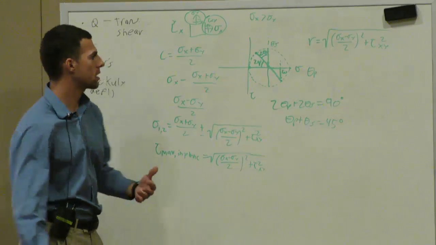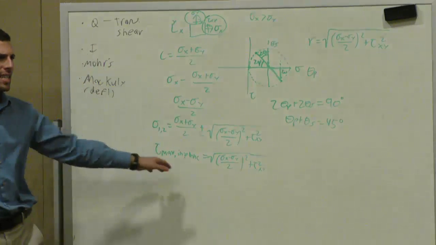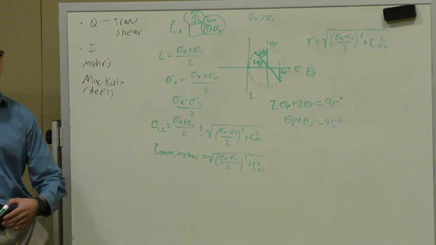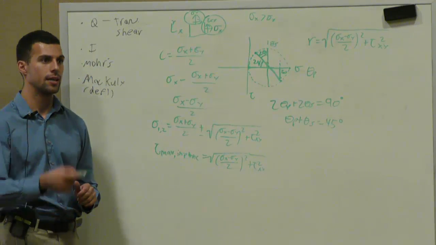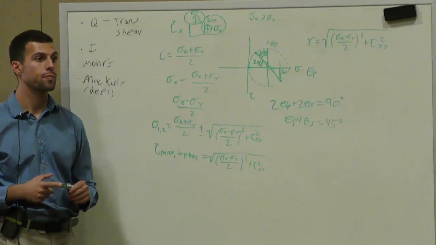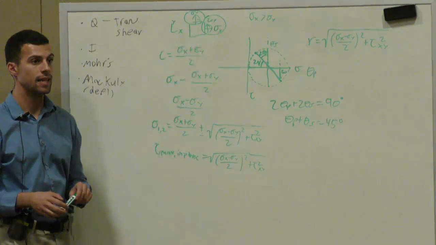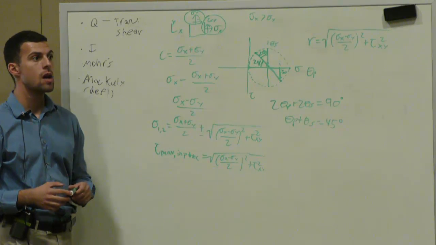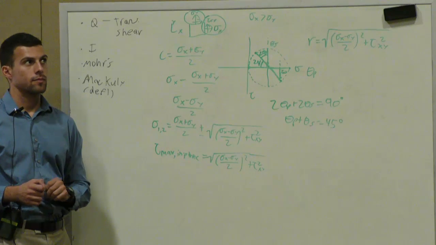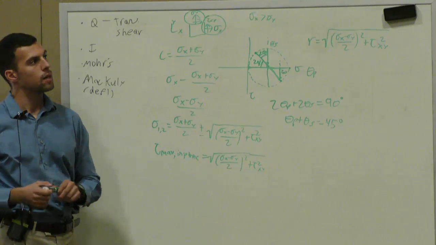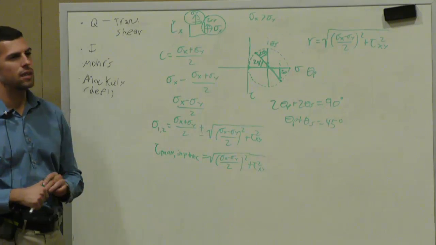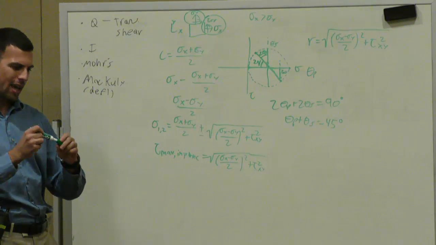Okay, so now let's talk about in-plane. What is this in-plane and what do I mean by it? Why does tau get an in-plane? You could, I wouldn't.